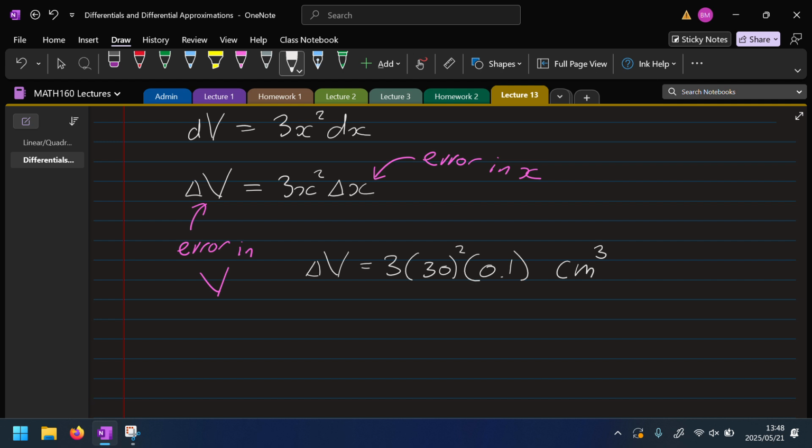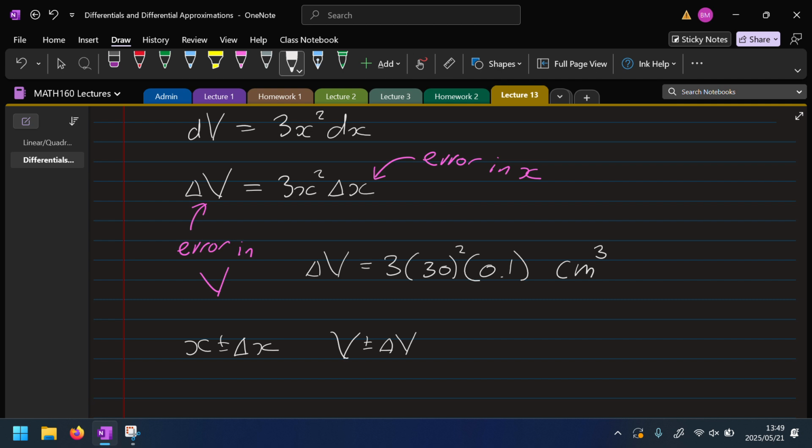So if you've got a cube and you measure the length, there's some error, you know that from the practicals. Then if you're calculating the volume, that's the error in the volume. If you were writing this down in your physics prac, you would put x plus minus delta x, right? You've all seen that? Then you would have V plus minus delta V. That's what we're calculating.